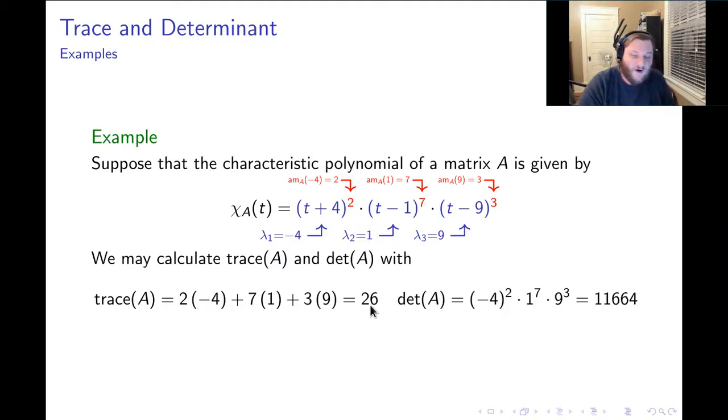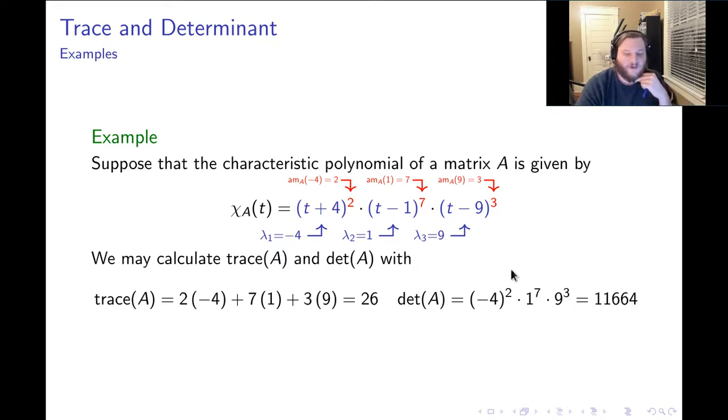We also have our determinant formula. The determinant formula says that the determinant of any matrix is the product of its eigenvalues, accounting for algebraic multiplicity. So here we should get the first eigenvalue, negative 4, raised to its algebraic multiplicity, which is 2. Then we multiply by the second eigenvalue, 1, raised to its algebraic multiplicity, which is 7.